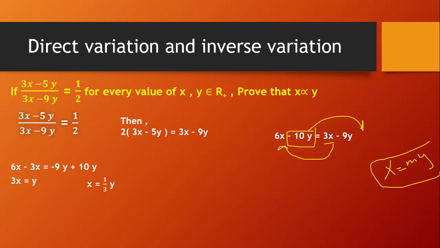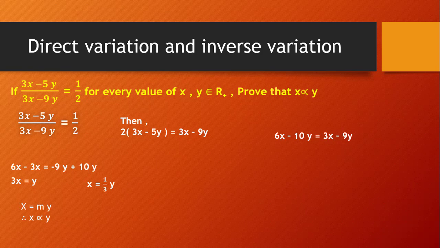So x equals 1 over 3 y. It means that x equals a constant; 1 over 3 is a constant number. So x equals constant times y. So if x equals constant times y, it means that x is directly proportional or directly varies as y, and the constant here is 1 over 3.